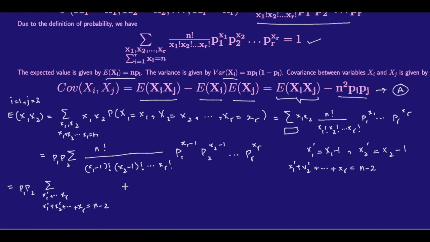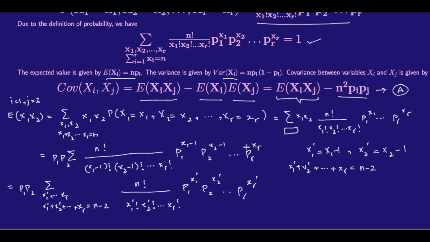Okay, so then we will have n factorial over x1 prime factorial, x2 prime factorial up to xr prime factorial, and then p1 to the power x1 prime, p2 to the power x2 prime up to pr to the power xr prime.